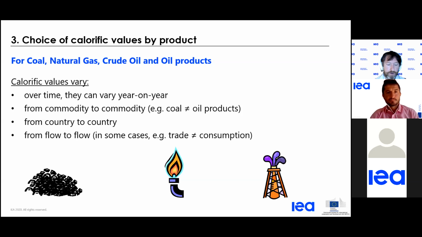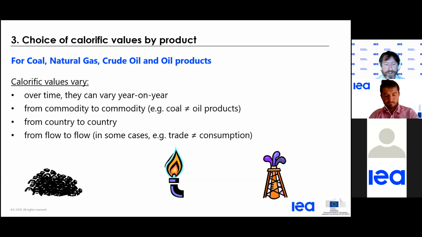So for coal, the IEA uses specific factors for each of the main types of coal. For anthracite, lignite, and subbituminous coal, we have different calorific values. But we also have different calorific values based on the use. So different values for production, for imports, exports, electricity generation, blast furnaces, etc. And these are supplied by the national administrations in the coal questionnaire.